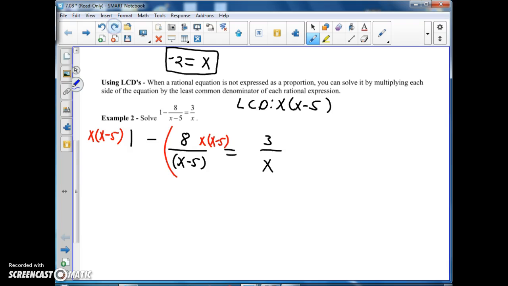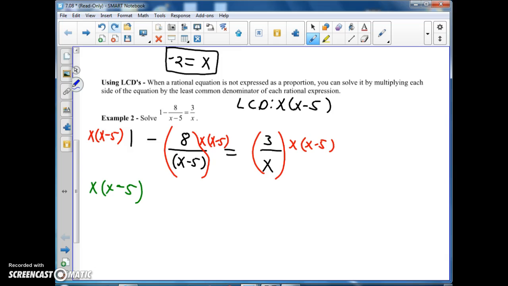And then you multiply the third one by x times x minus 5. Once again, take all three parts and multiply by the LCD.